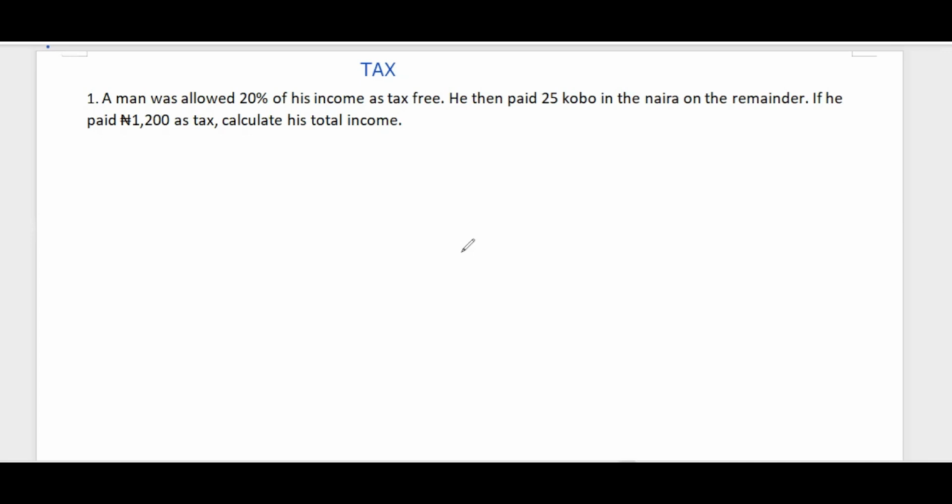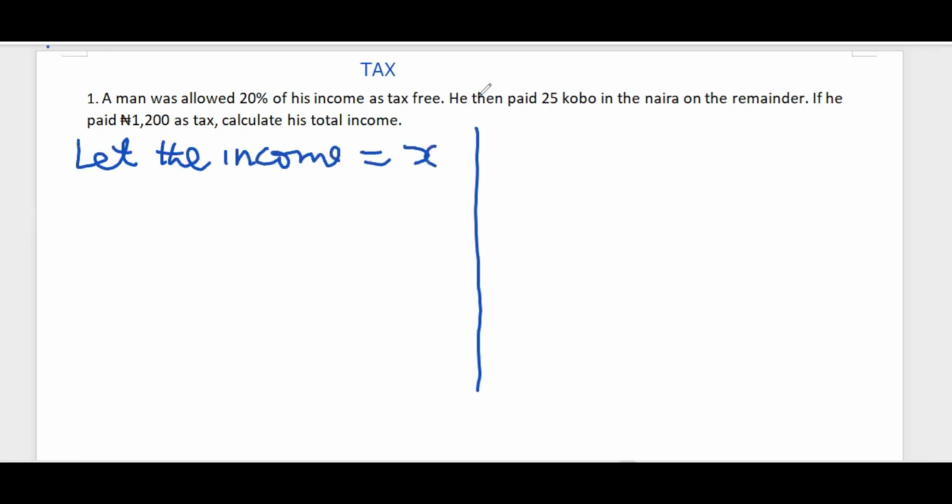So now, if you look at this example, they say a man was allowed 20% of his income as tax-free. He then paid 25 kobo in the naira. So what we say here is, let the total income, since we are not given the income, equal X. Since he's allowed 20% of his income as tax-free, that will not be taxed.